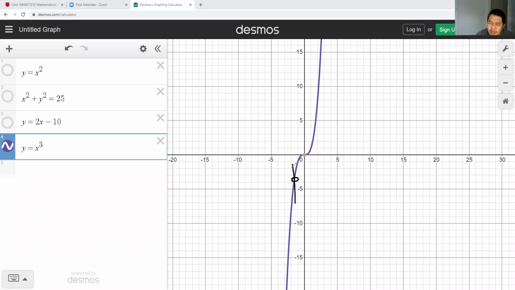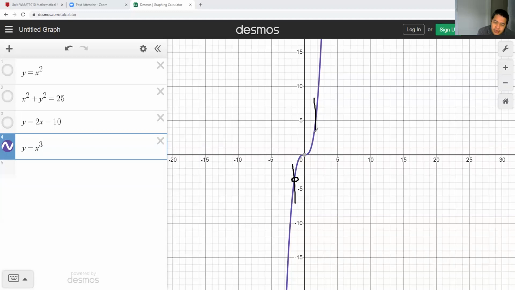In this case, it only cuts at 1 point here, for example, this vertical line, so it shows that this is a function. This is something you need to know first, to determine whether the mathematical relation that you have is a function or not.